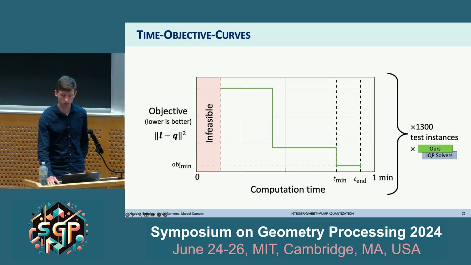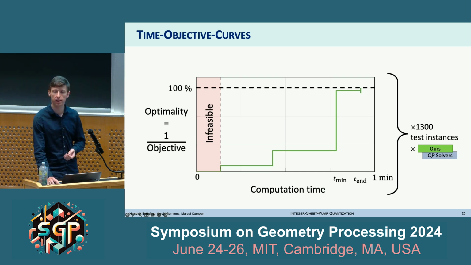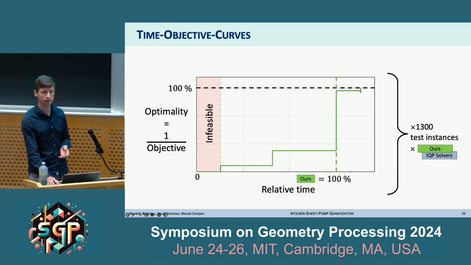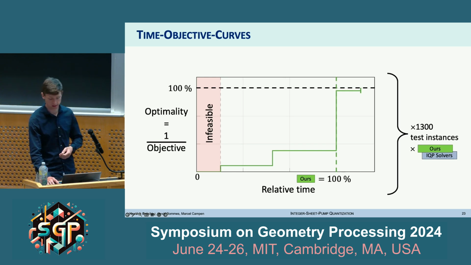For this, we invert the y-axis, so this makes it a relative optimality. 0% means infeasible, and a 100% is the final value of the optimal IQP method. We also normalize the time axis so that it is relative to the time when our method reaches its final value.